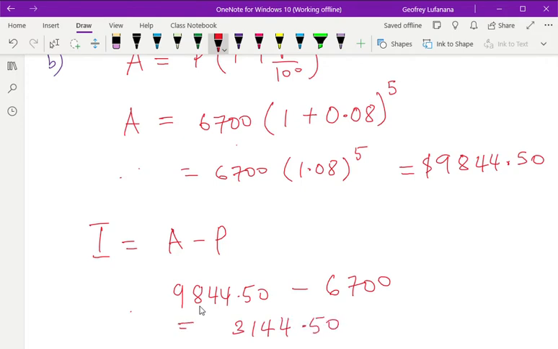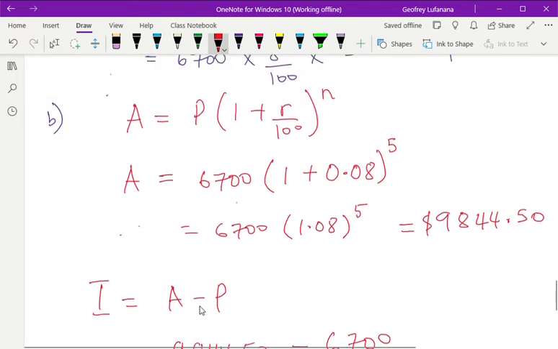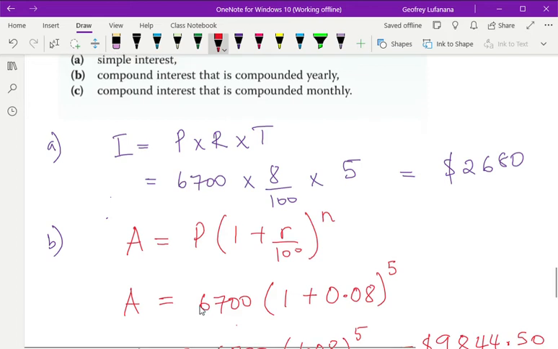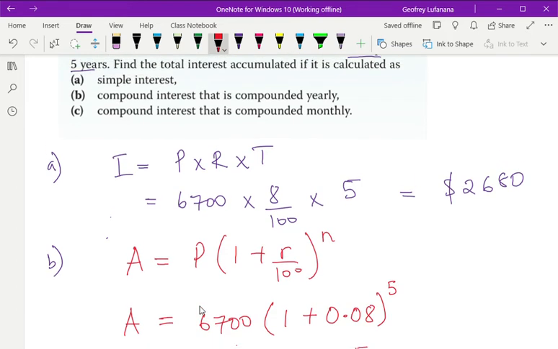This is the interest. Remember, for compound interest, we calculate amount. Now, that's the interest when it's compounded yearly.